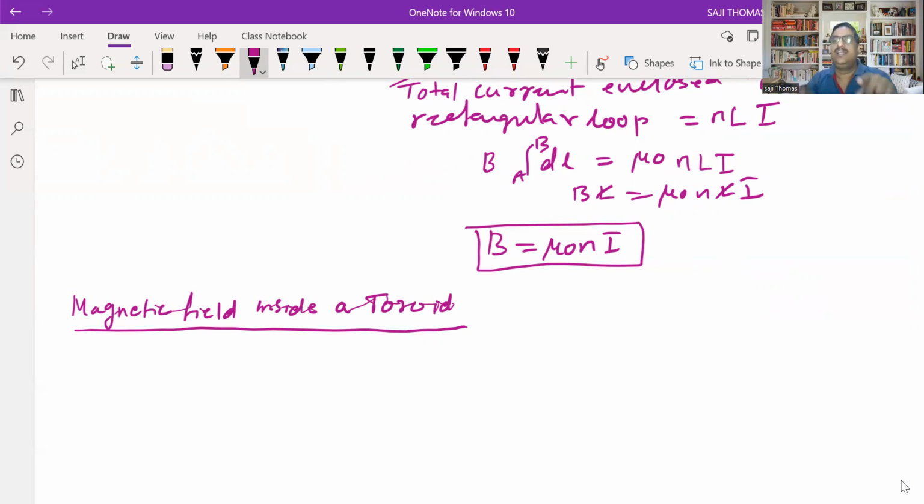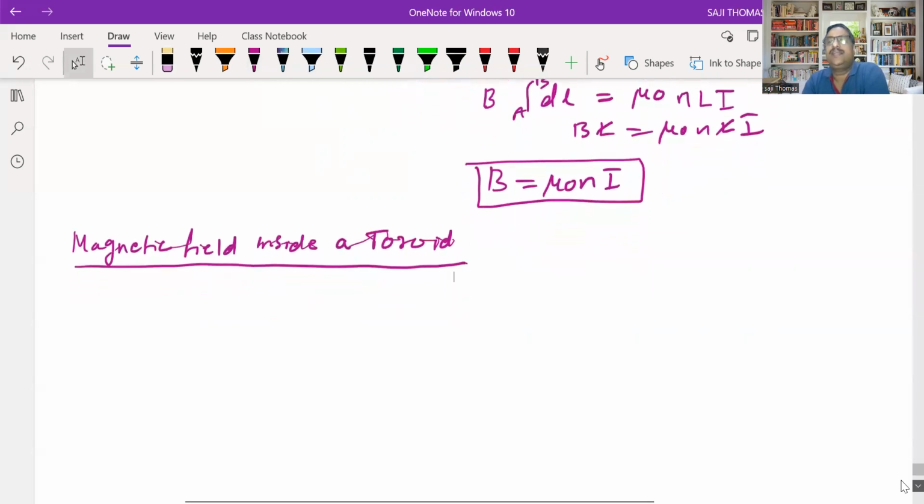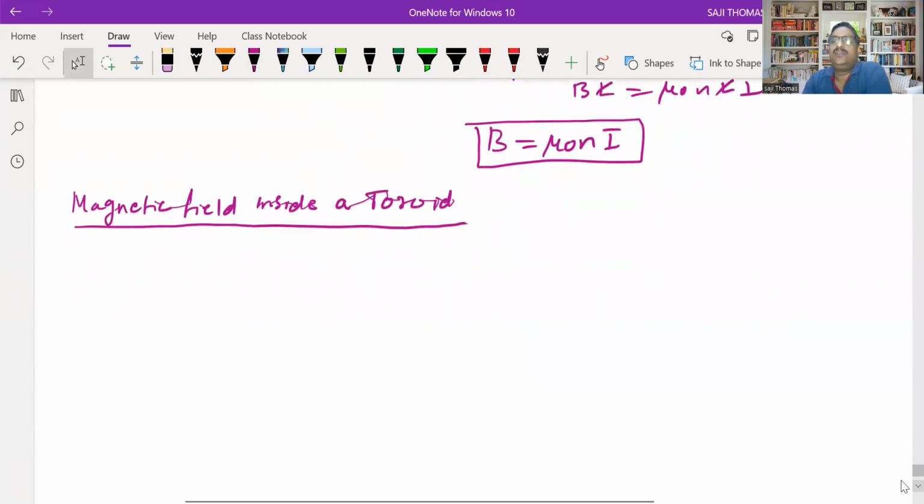It looks as if a solenoid is bent into the form of a circular loop. You take a long solenoid, bend it into a circular loop, then you will get a toroid.